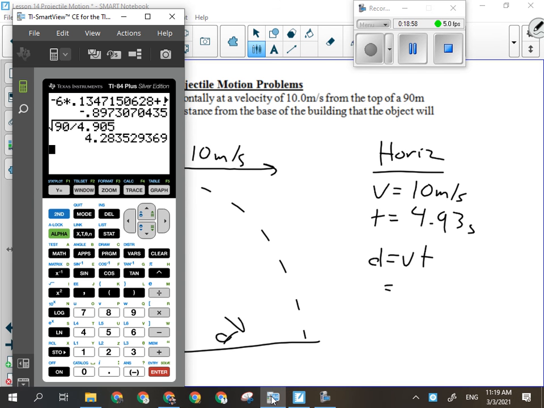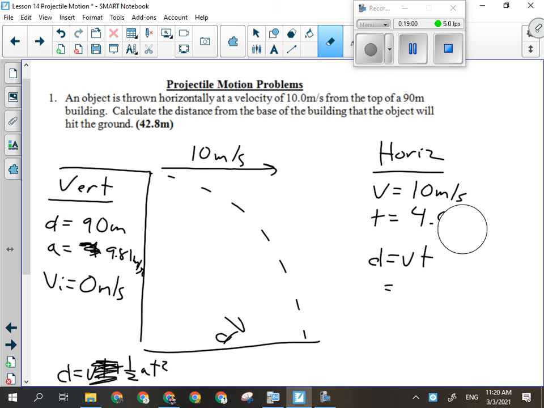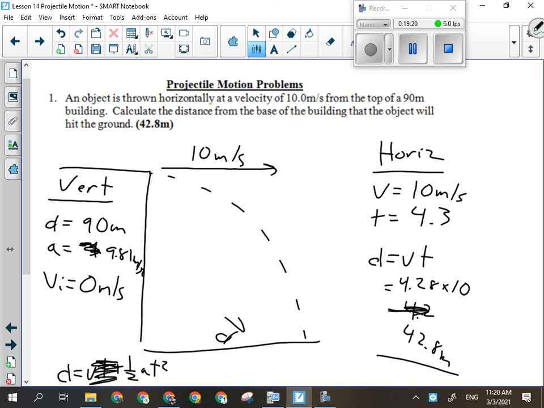It's 4.3, not 4.93. Okay, 4.3 seconds. And so when we multiply all of that together, we're going to have our 4.28 whatever times 10. So we get 42.8 meters as our horizontal distance.